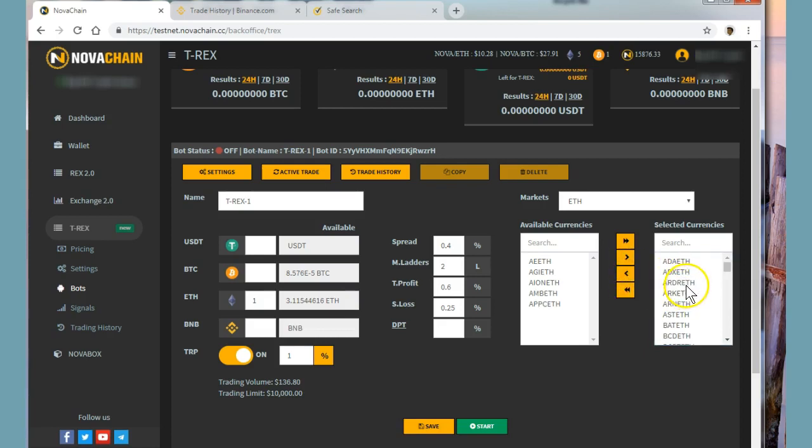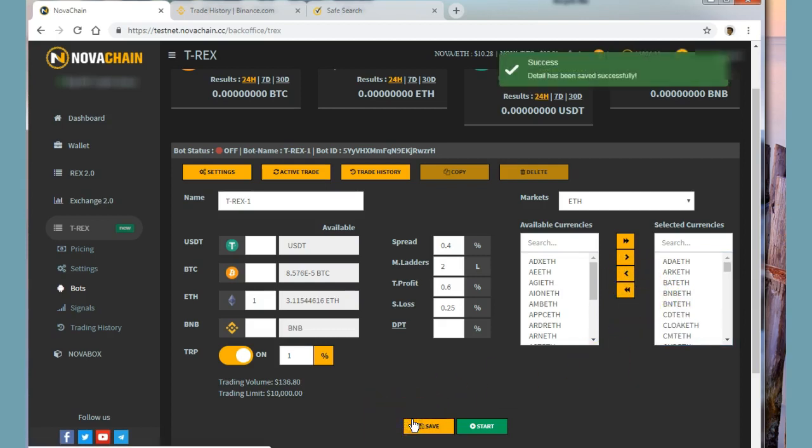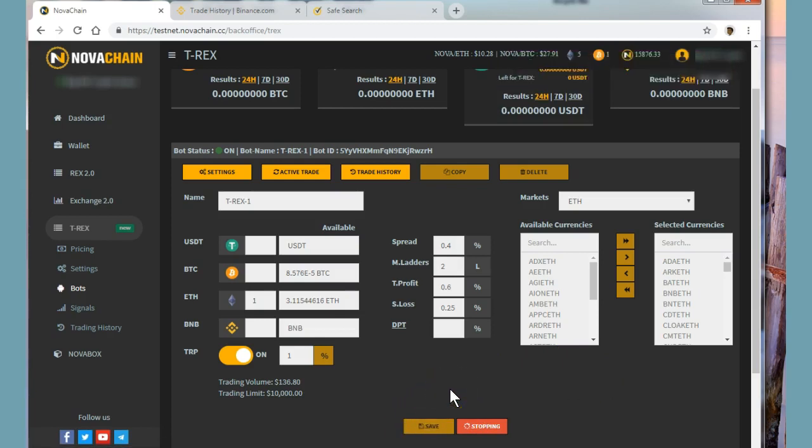I picked 2 at random, if you remember from the last video. So I'm going to take out some of these lower volume cryptos. Those are out, let's save it again, and give it a start. This bot's been started. Why does it say stopping?